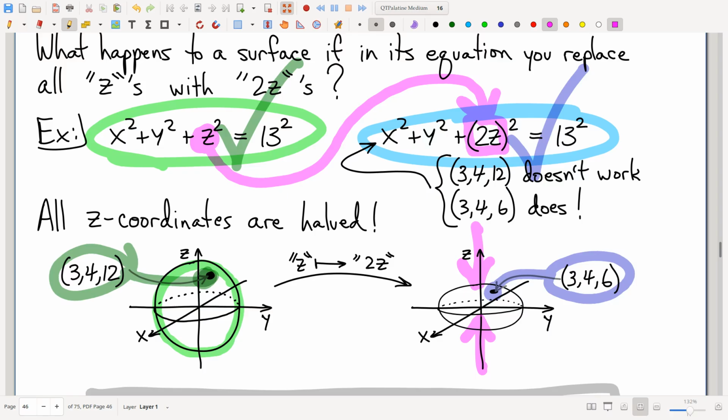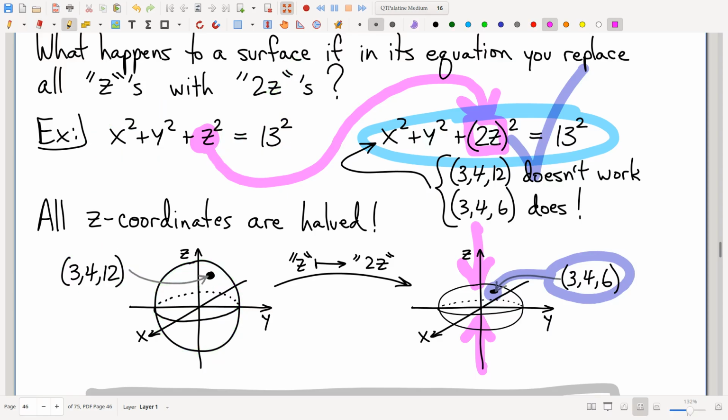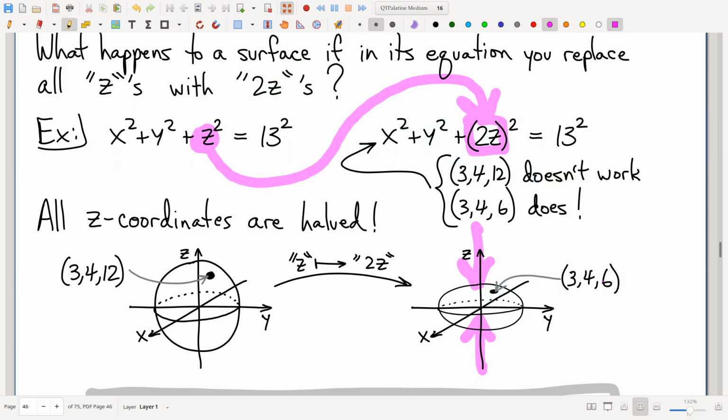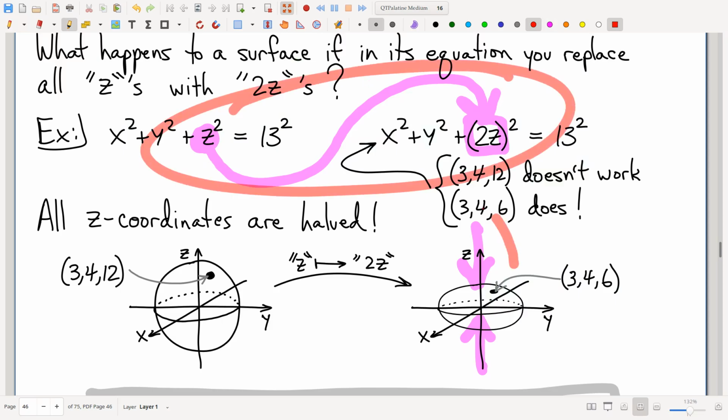Okay. Let me clean up the mess. So this algebraic move causes this geometric consequence. Now, how to think about this? By the way, how often are we going to be precisely replacing z with 2z? Not so often. That's not the point.